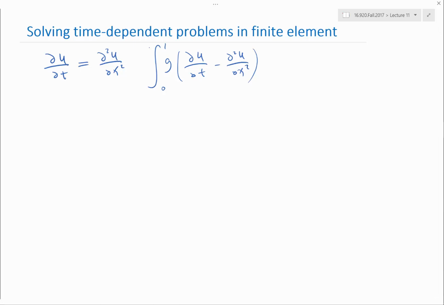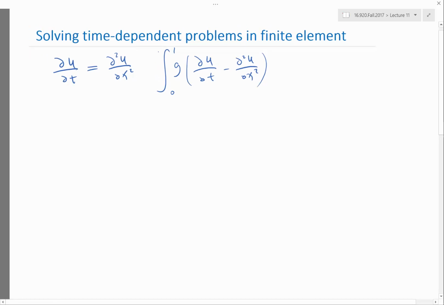If you integrate it in time, then you'll be discretizing both space and time using finite element. So here, we are still only discretizing space using finite element, and then we get a bunch of ODEs and we solve using our ODE solver. So we only integrate in space. But g still is a function of space and time.